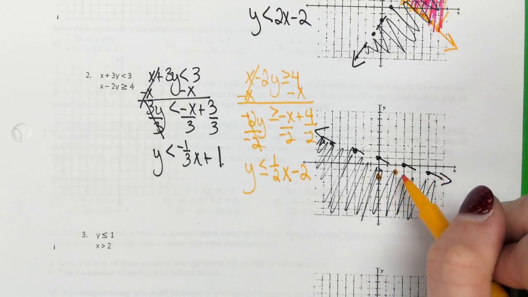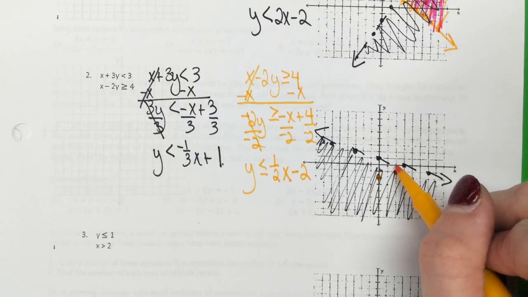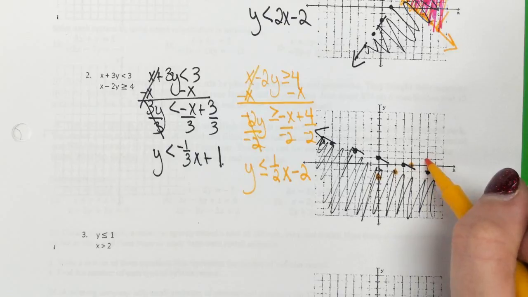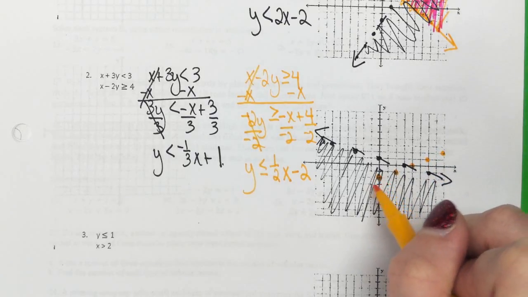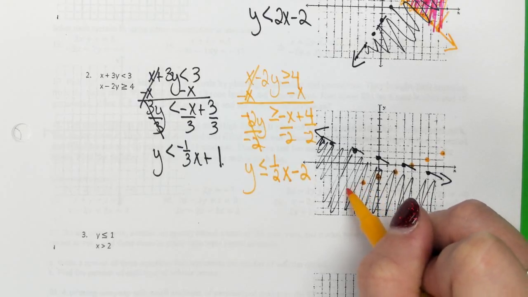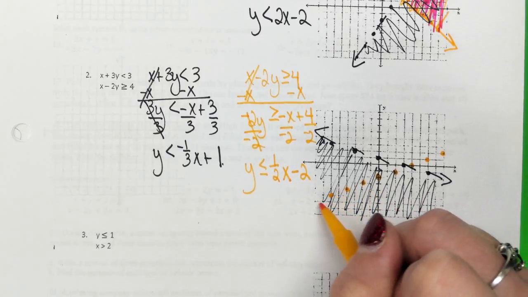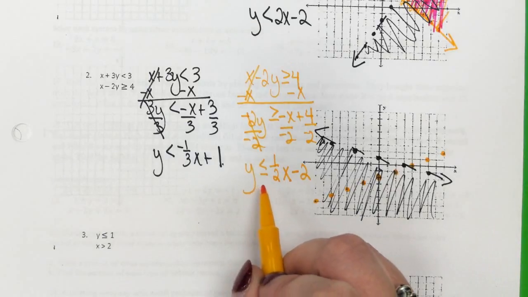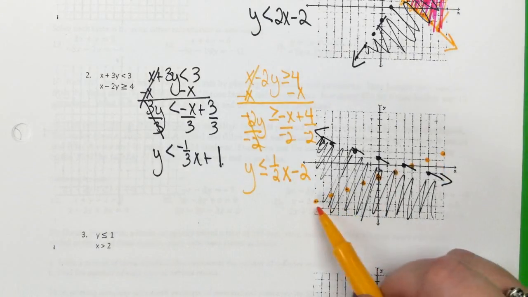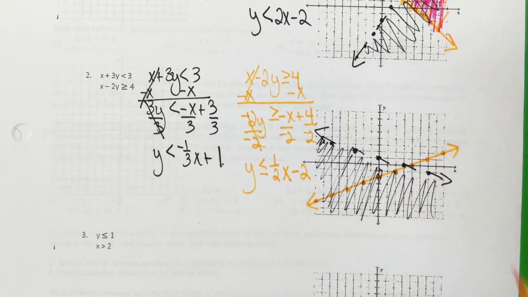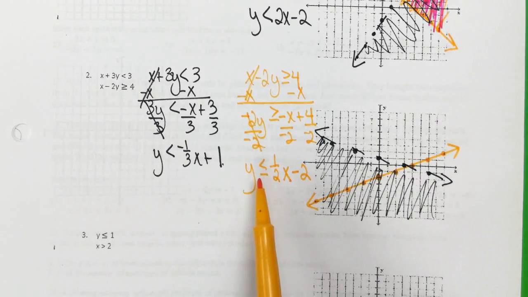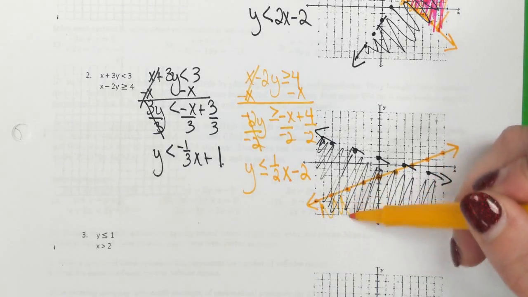All right, so we're going to go down 2 for our y-intercept, and then our slope is up 1 and right 2, or we can go down 1 and left 2. What about that guy? Dotted line or solid line? Solid. And where does he shade? Less, which is below.